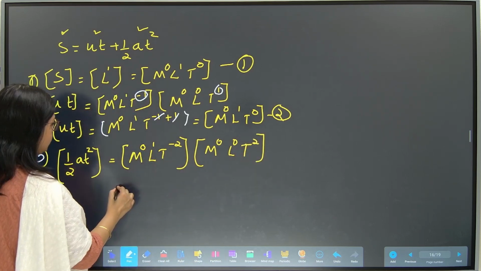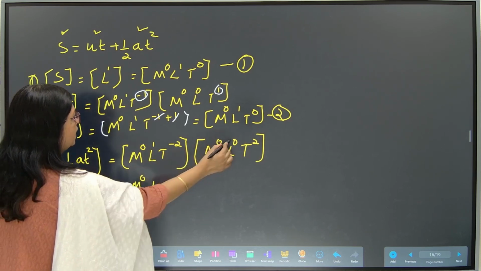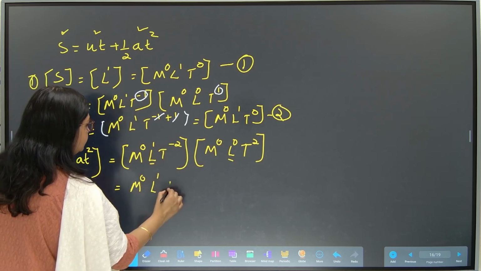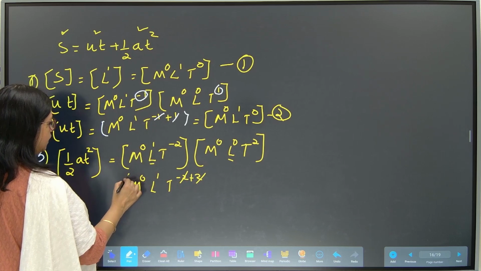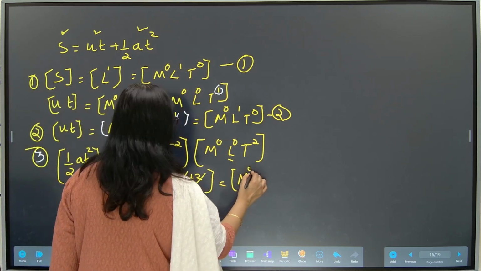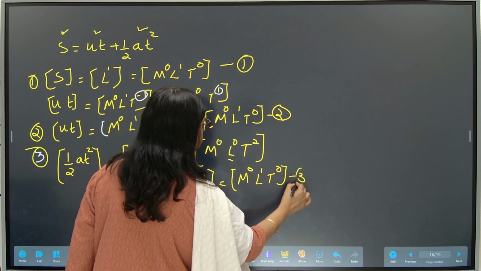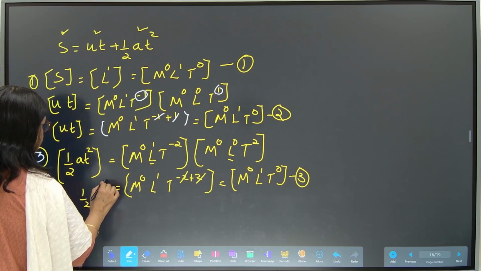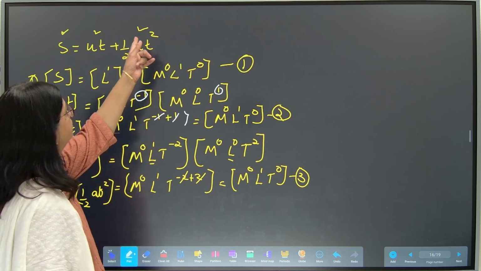Okay, so let us work this out. M raised to 0, L raised to 1 plus 0, 1, and T raised to minus 2 plus 2. So what is my answer? T raised to 0. So what is my final answer? M raised to 0, L raised to 1, T raised to 0. This is my third physical quantity or term as shown in the question.